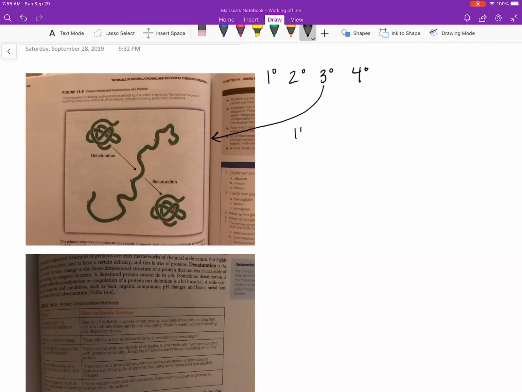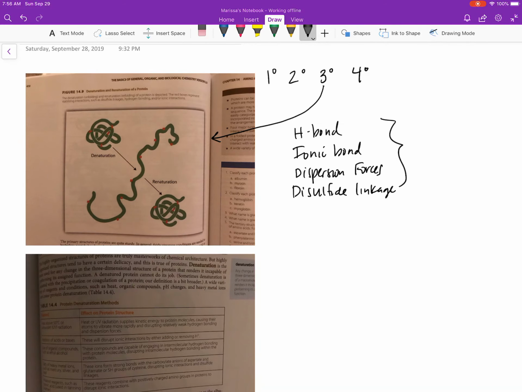They were the hydrogen bonding, the ionic bonding, the dispersion forces, and the disulfide linkages. Okay, so those were the four that we talked about.